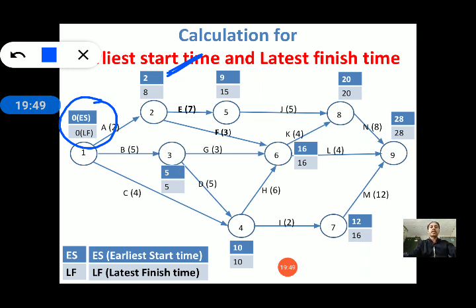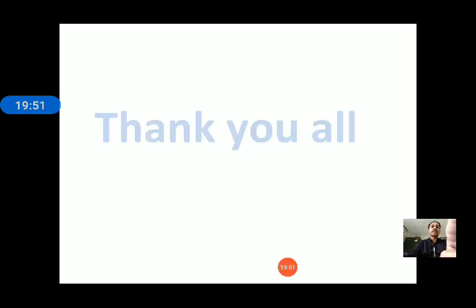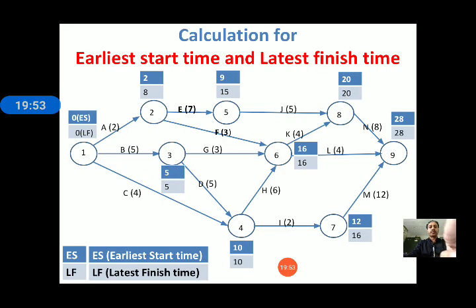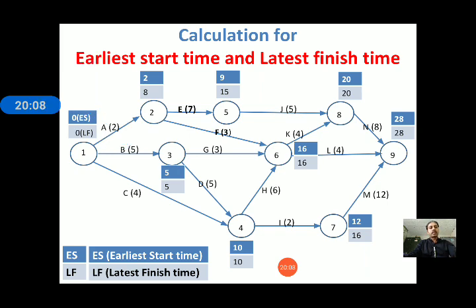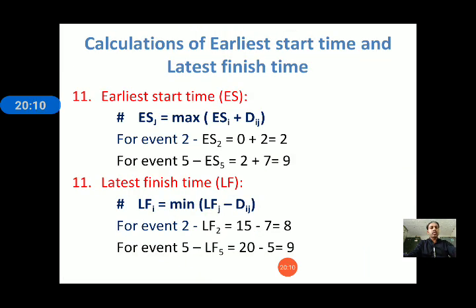So the earliest start time is 0 and the latest finish is 0. As per our equation, ESi plus duration: 0 plus 2, where the activity duration is 2, so 0 plus 2 is equal to 2.